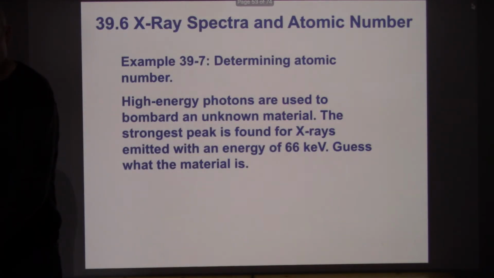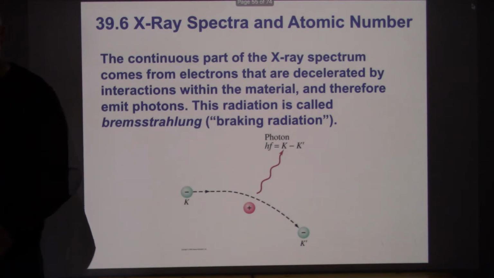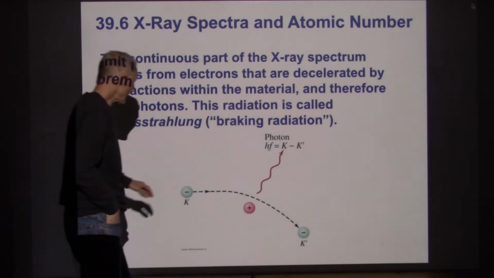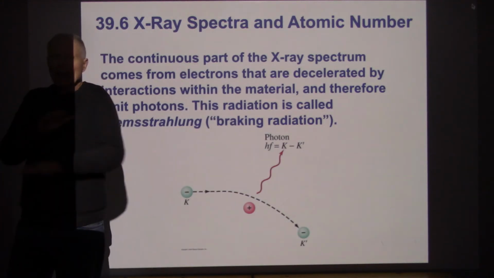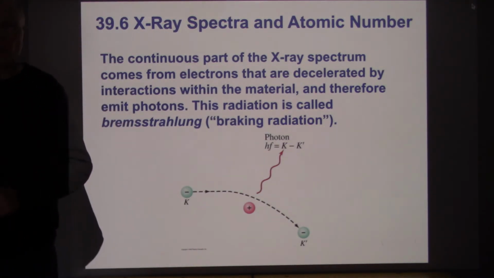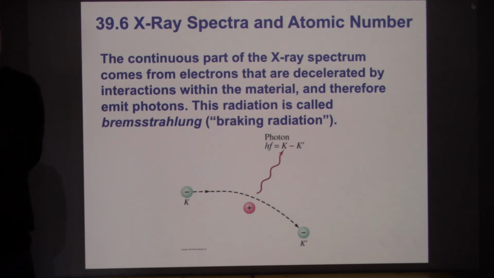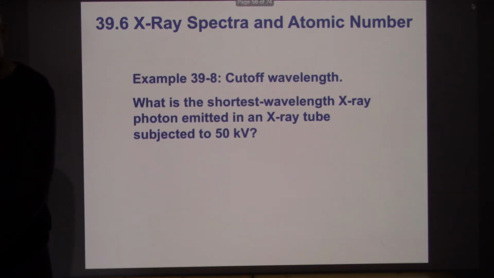They're not displacing other electrons. But the electrons are interacting with some of the nuclei and just generating high-energy photons, and those can have any energy whatsoever. So those sharp peak lines show up in addition to this continuous spectrum of X-rays.